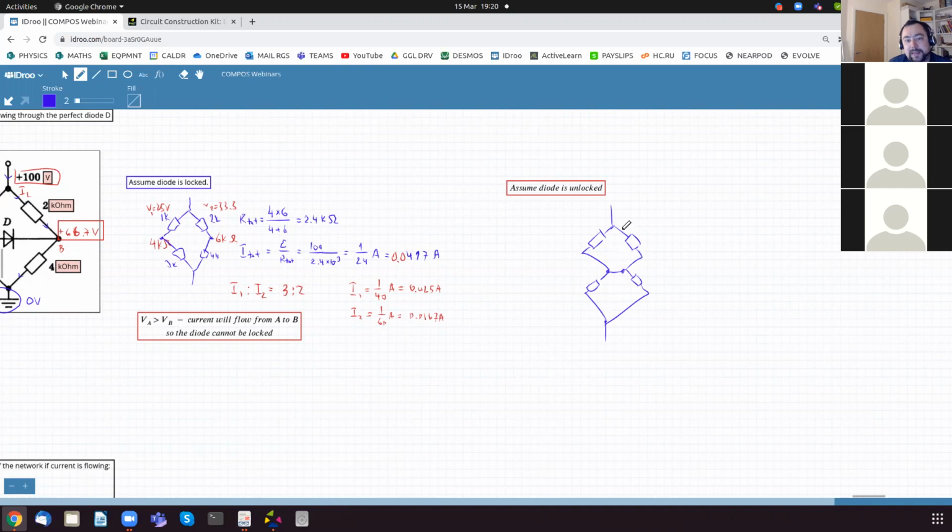It's a series connection of two parallel connections. So this is going to be 1, 2, 3, 4 kilo ohms. So the total resistance of the top two.